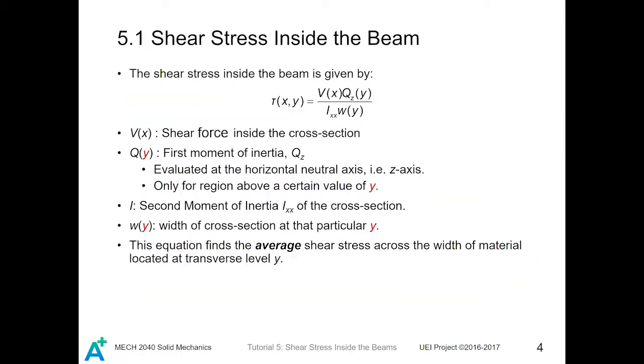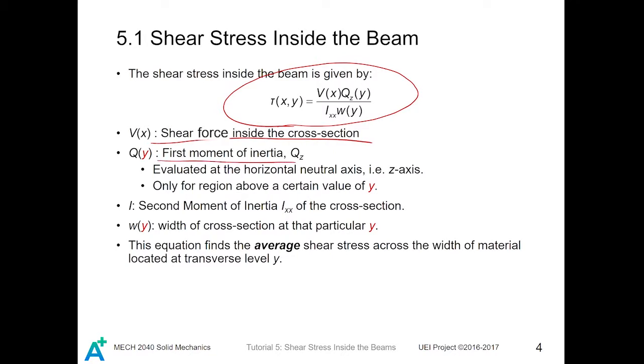So this is the formula that you are going to learn. The shear stress inside the beam is given by the shear force times the first moment of area divided by the second moment of area times the width. So tau_xy equals V_x Q_y divided by I_xx w_y, where V is just the shear force inside the cross-section.